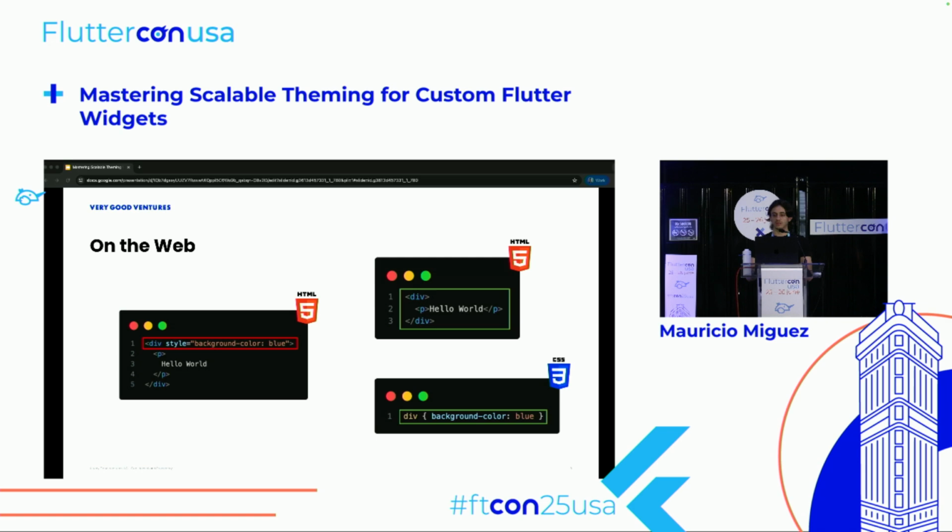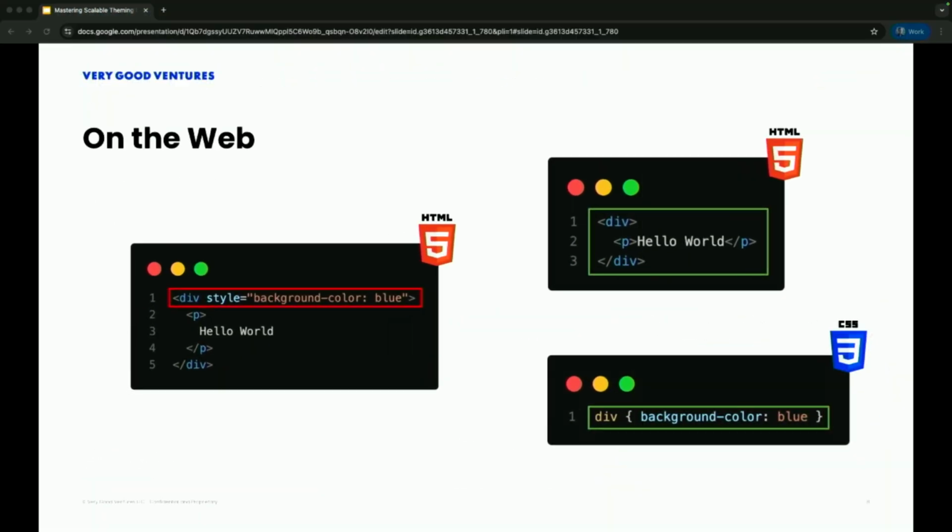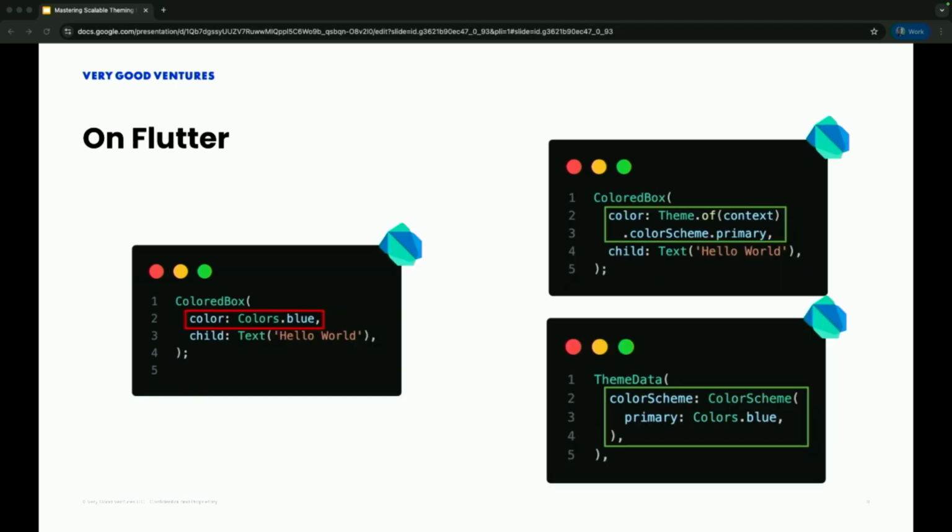Let's take a look, for example, at web development. In web development, we have two clear languages, and this allows for a clear separation of these two concerns, looks and behavior. We have HTML that is used for the behavior of our components, and then you have CSS that is used just for styling. And generally, you don't mix the two. So having different languages allows for a clear separation of concerns.